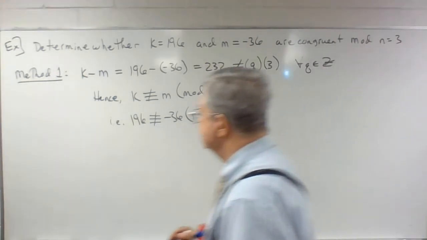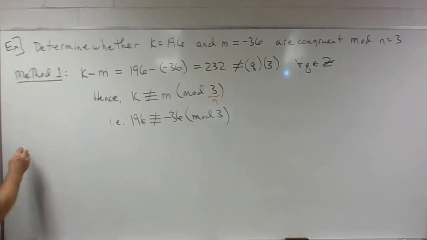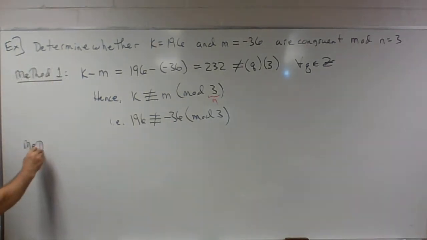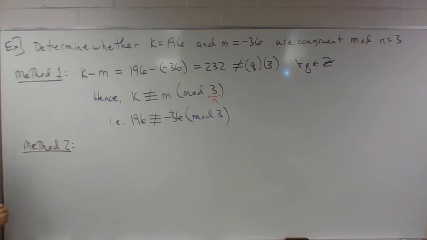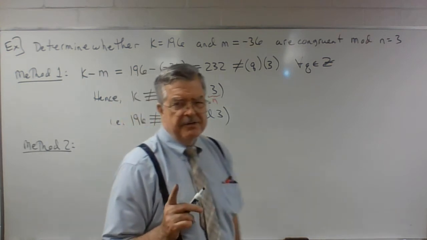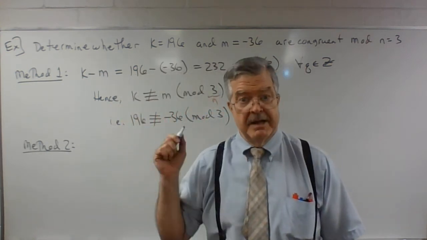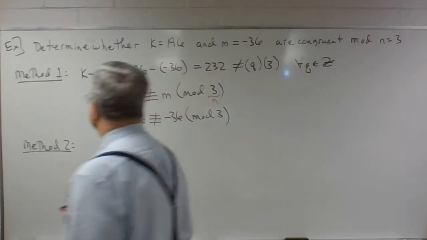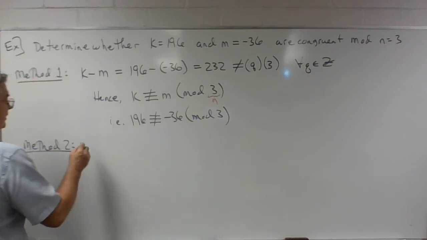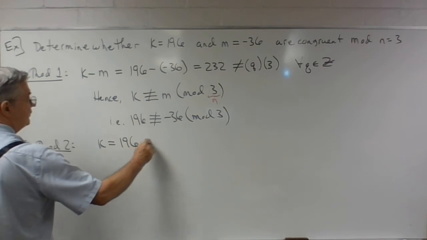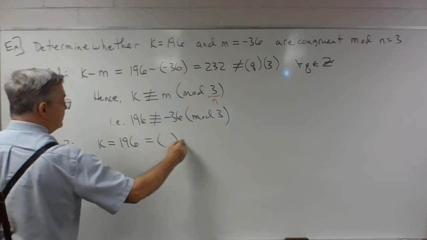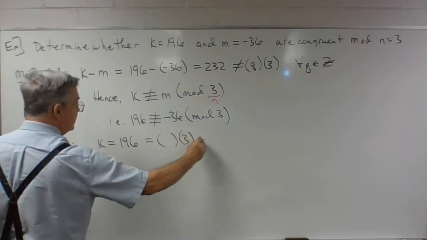Now let's use the second criterion. And that second criterion is, do they both yield the same remainder when we divide by n? Let's see. K is equal to 196, which equals something times 3 plus a remainder.